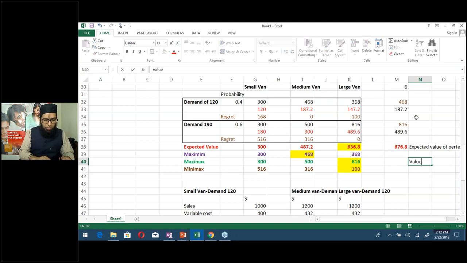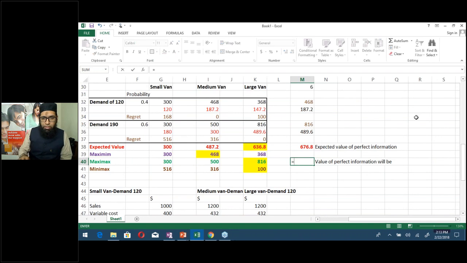Now, the value of perfect information will be the expected value of perfect information minus the expected value with imperfect information. So in this example, it is $40.